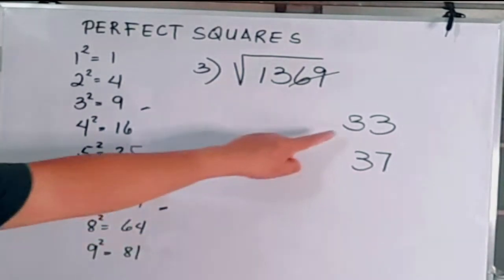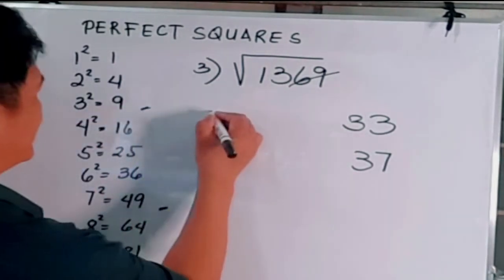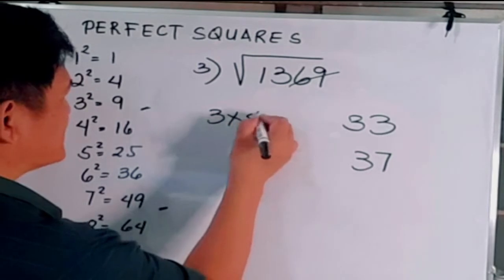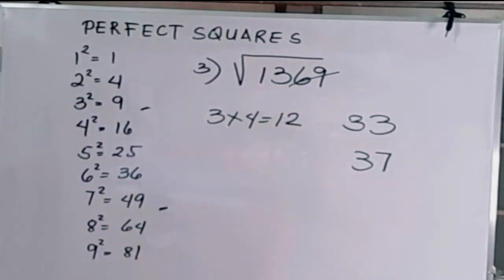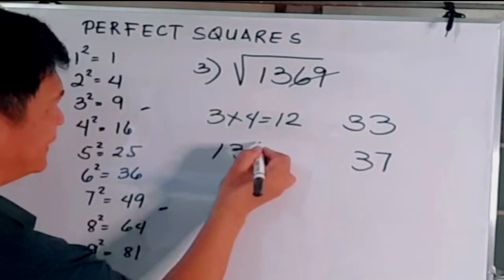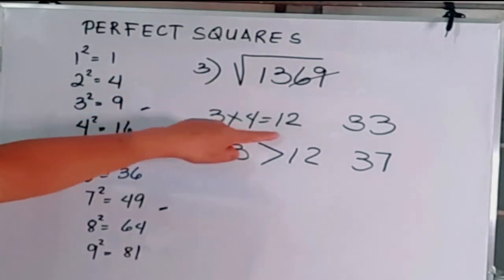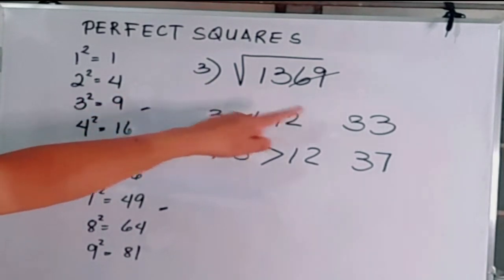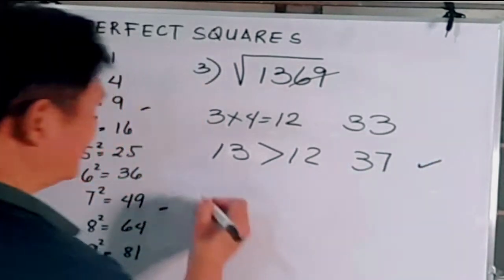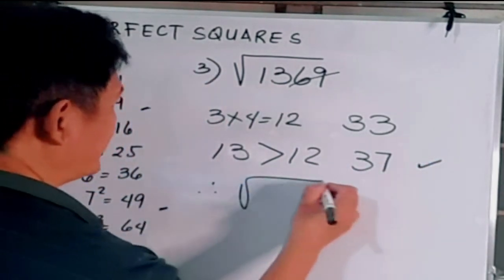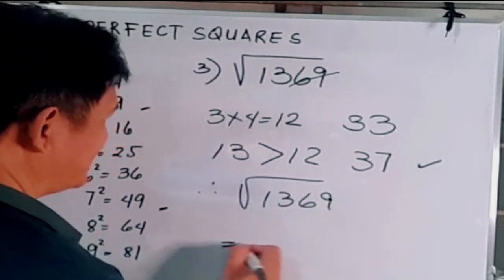Let's get it by multiplying your 3 by the next higher number. Again, 3 times 4 is 12. So, 13 is greater than 12. Therefore, we get the higher number. That is 37. Therefore, the square root of 1369 is equal to 37.